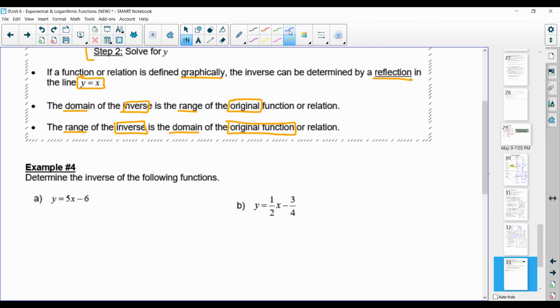All right, let's look at two examples here where we look at finding the inverse of an equation. So going back to the example we did earlier, the first step is to swap x and y. So we're going to rewrite this as x equals 5y minus 6, and then we just solve for y.